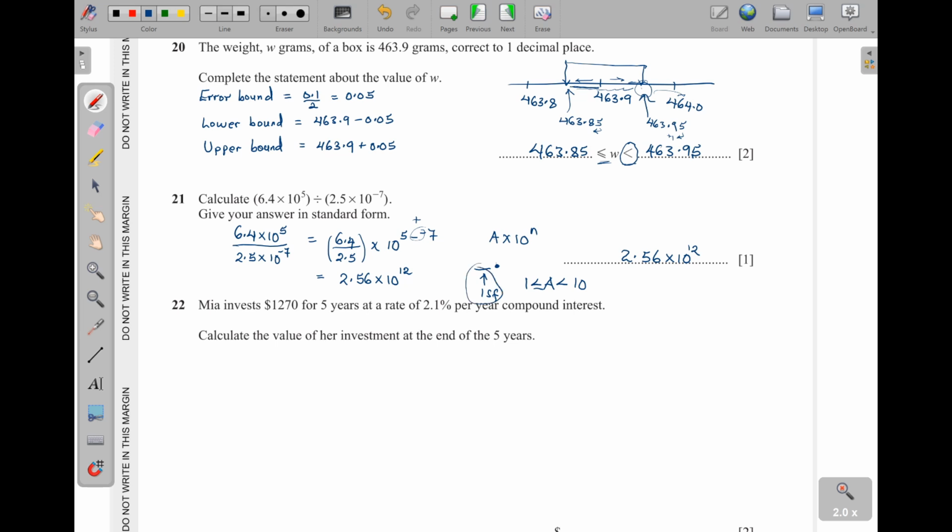So that is that. Question 22. Mia invests $1,270 for 5 years at a rate of 2.1% per year compound interest. Calculate the value of her investment at the end of the 5 years.